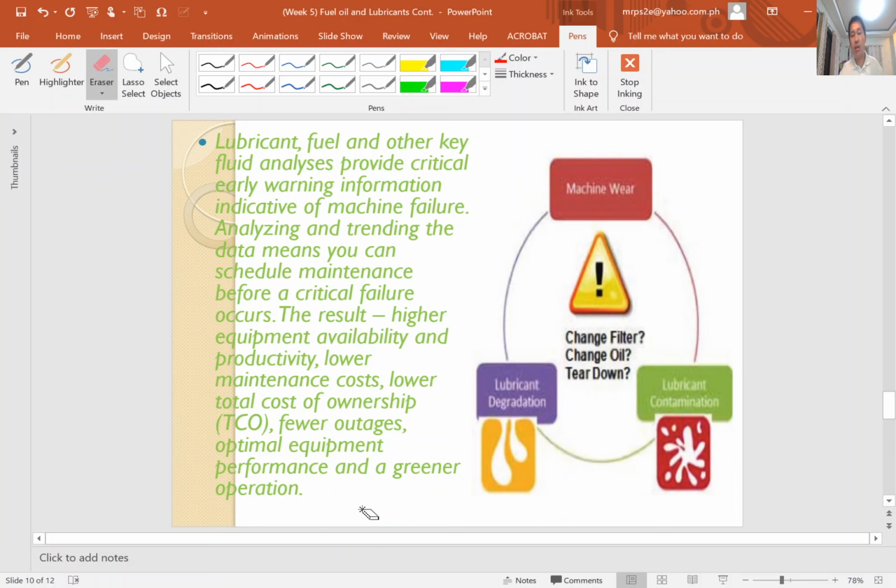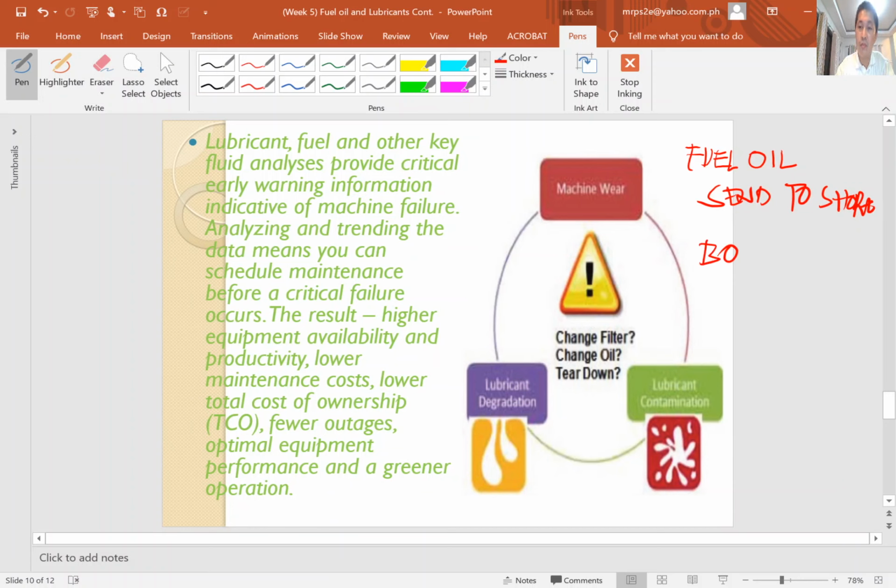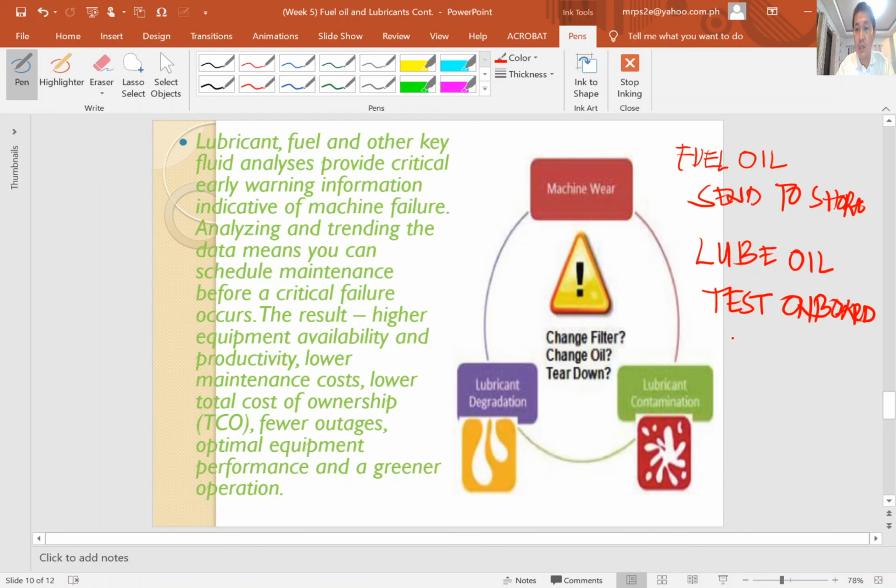So, by analyzing your oil, both the fuel oil and the lube oil, with test on board and also test kits.